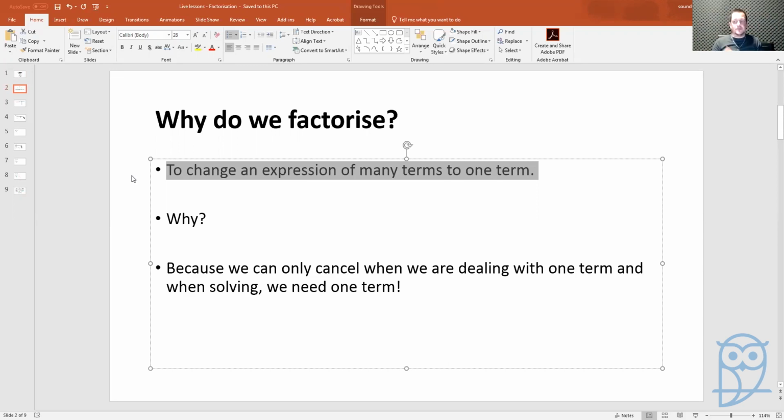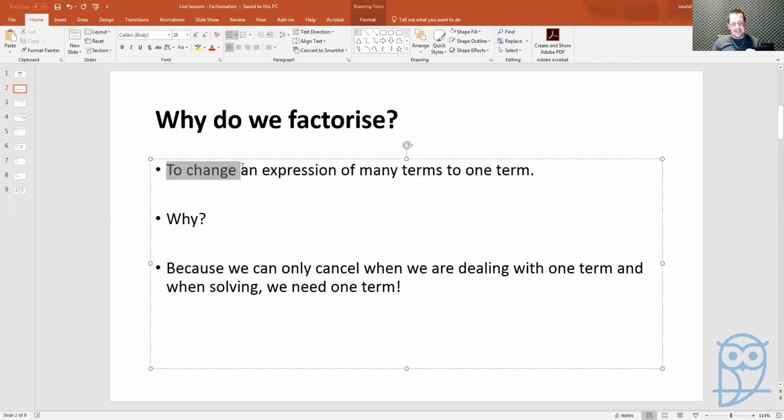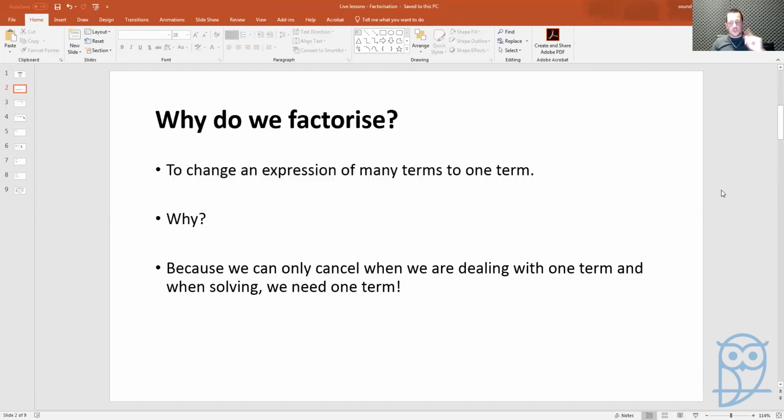And again, that'll become later, most likely in your IG level. So unfortunately, you won't really get a great answer for now, but just keep the idea that the whole purpose is to get one term. Okay, we can do that.